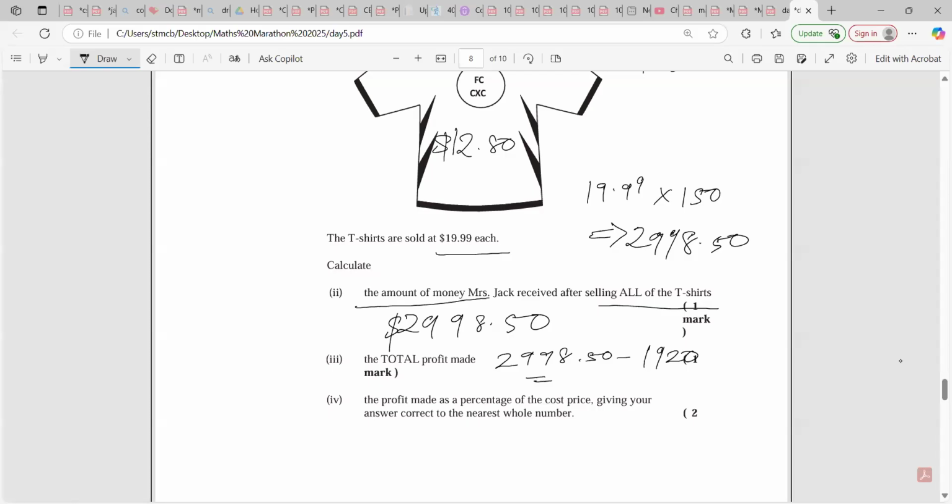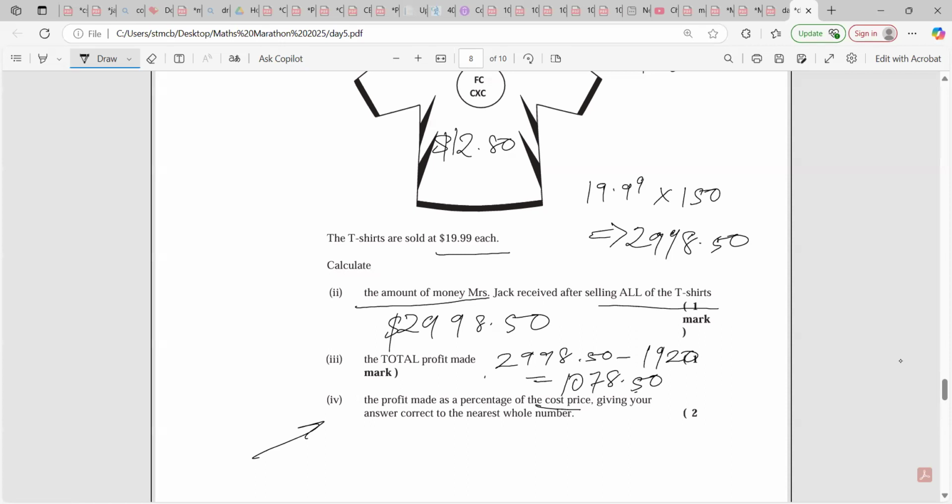So 2998.5 minus 1920. So this answer is 1078.5.